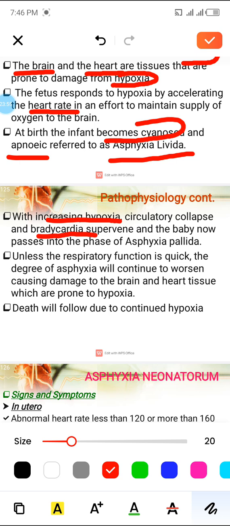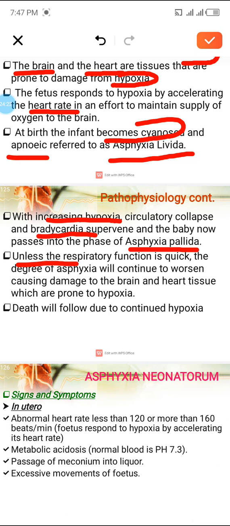Don't mind the superven, just say there will be a bradycardia. This phase is called asphyxia pallida. So there is asphyxia livida, meaning that the baby becomes cyanosed and apneic. Then when it becomes bradycardic, meaning that the heart rate reduces, it goes into asphyxia pallida.